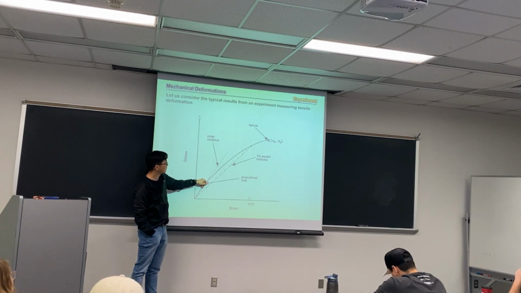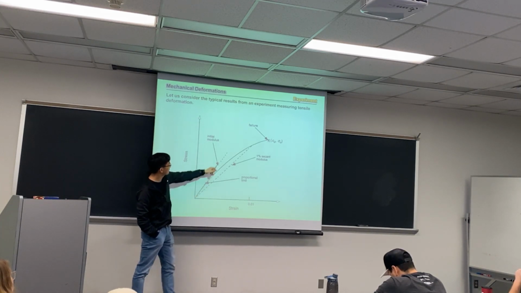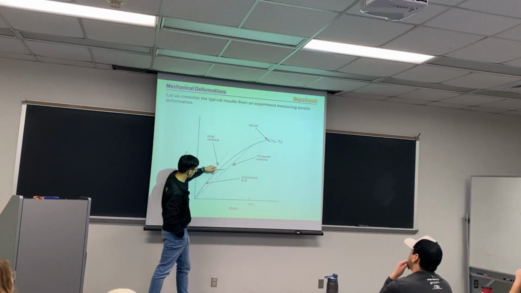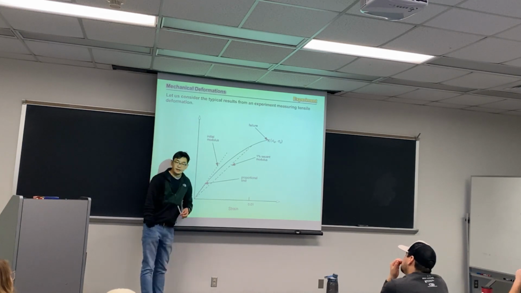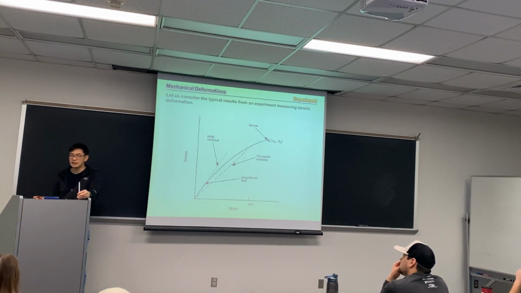You get the modulus from here. The other way people commonly use is called the 1% or 2% modulus, where you basically look at this range. But elastomers typically will be relatively linear in the first few percent, okay?